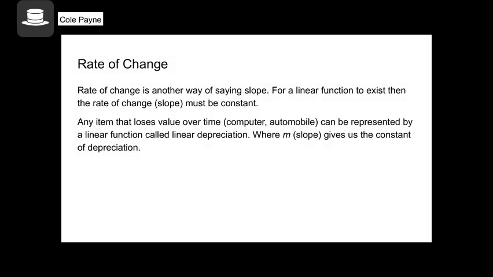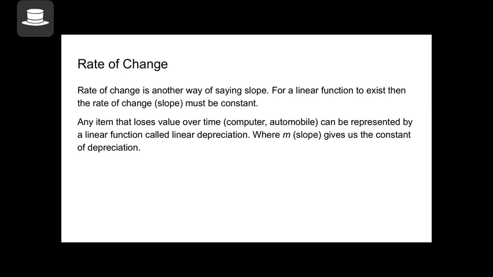So we have the rate of change. The rate of change is just another way of saying slope. But for a linear function to exist, the rate of change, which is the slope, would need to be constant between each point. And how we can use that is any time that we have an item that loses value over time, a computer, a vehicle, whatever, it can be represented by a linear function that is called linear depreciation, where m is the slope.